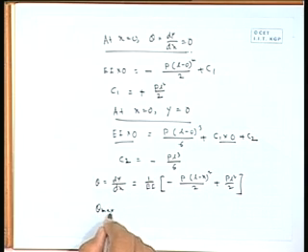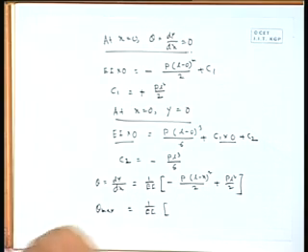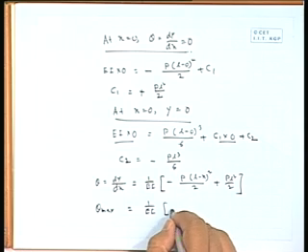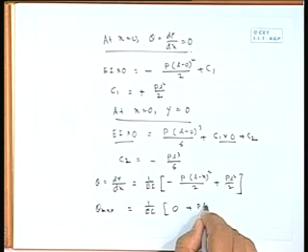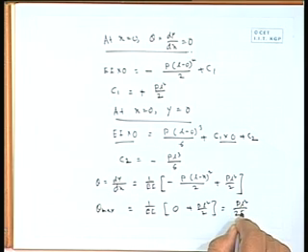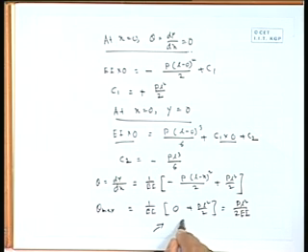Now, if we want to find the maximum slope, it will occur at the free end. So, we can get theta max will be 1 by EI, we can put x equal to L. So, this part will become 0 and that will be P L square divided by 2, or we can say P L square divided by 2EI, and this will be at x equal to L, right.